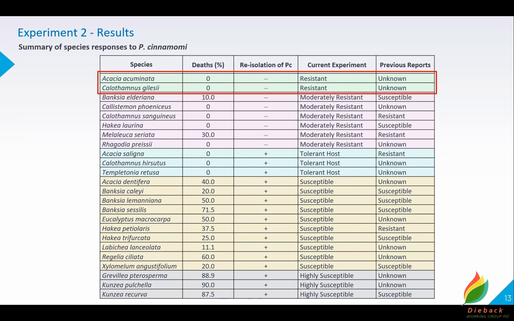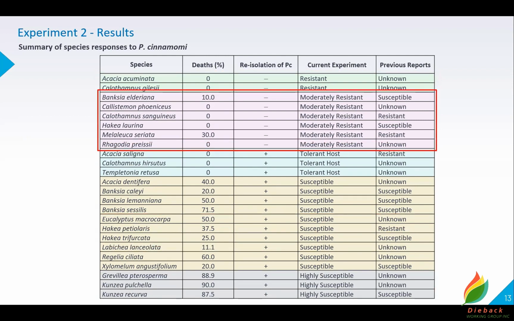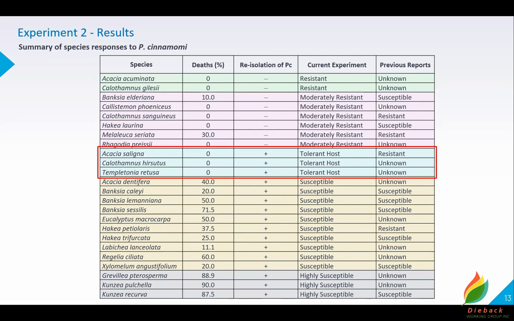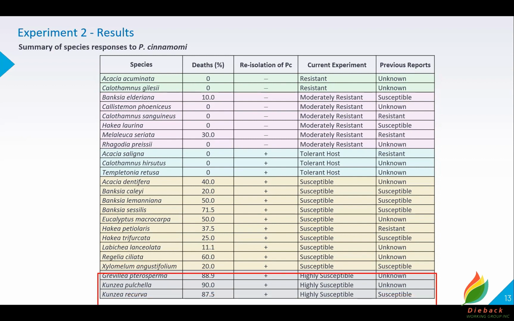Then there were 6 moderately resistant species, and there were 3 tolerant hosts. In these species, there were no plant deaths, but the pathogen was isolated from the roots of surviving plants, indicating that they are hosts. And there were 10 susceptible species and 3 highly susceptible species.